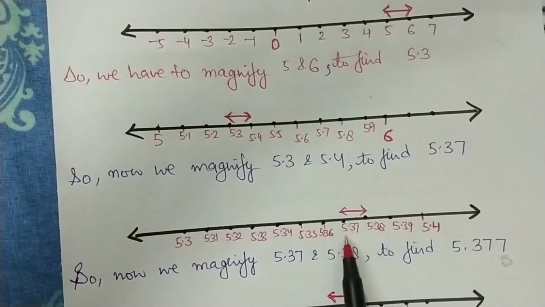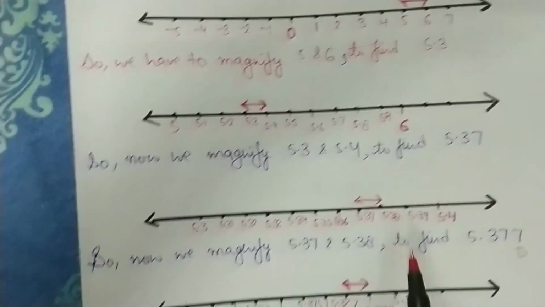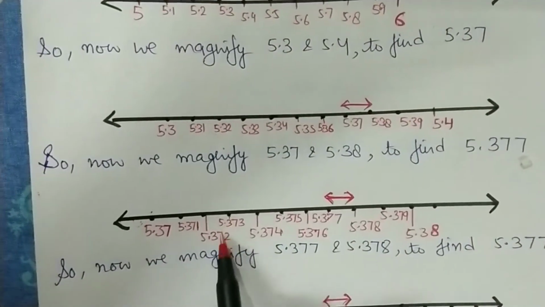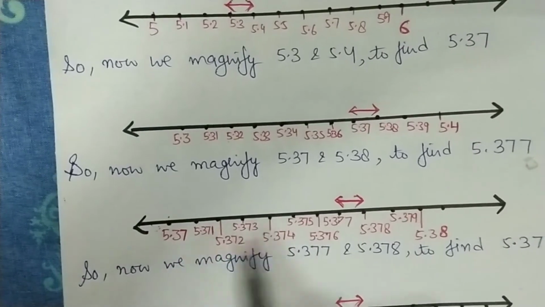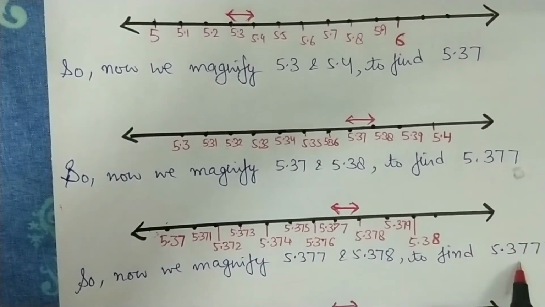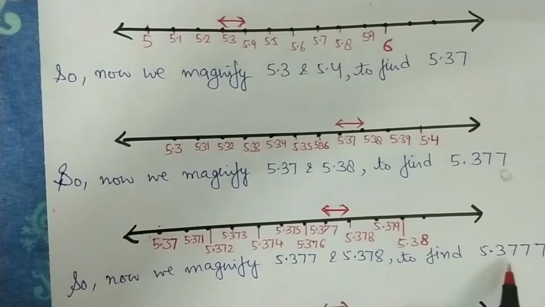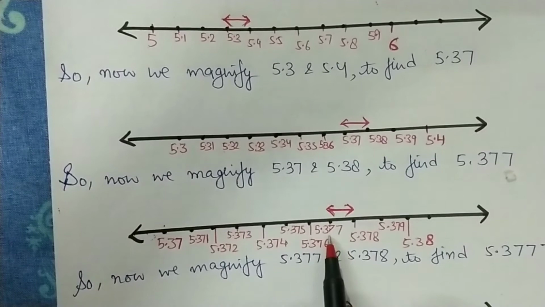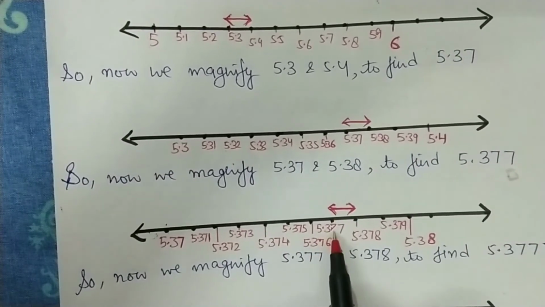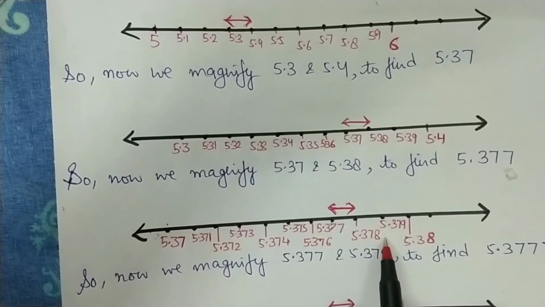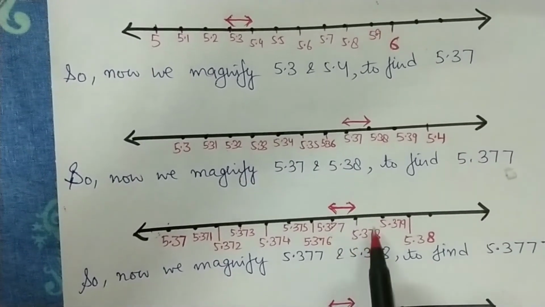Now again, we have to magnify this. Then we will get 5.37 until 5.38. We have to find 5.3777. This is going to lie in between 5.377 and 5.378. Again, we have to magnify this.